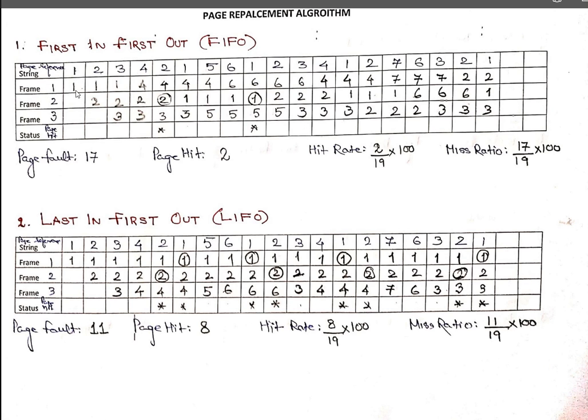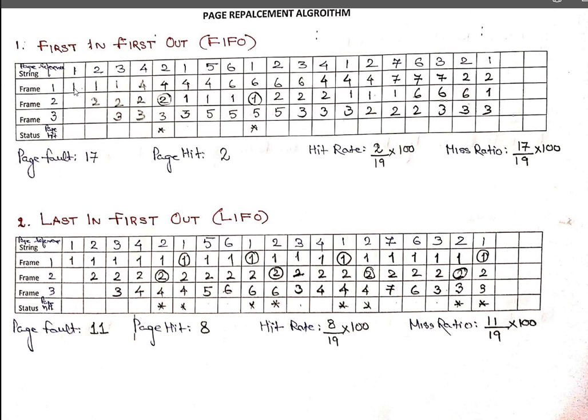Since in frame 1 nothing is appearing, it is a blank page, first I am writing here 1, because the page is requested and no page was appearing here, so this 1 appears here. This is considered as when there is no page in the main memory or in the RAM, then we term it a page fault.